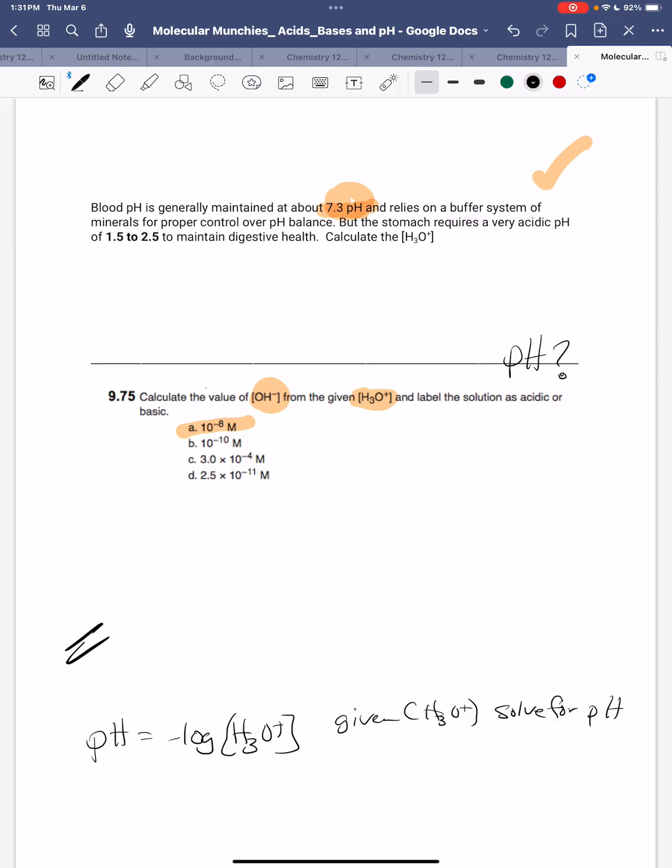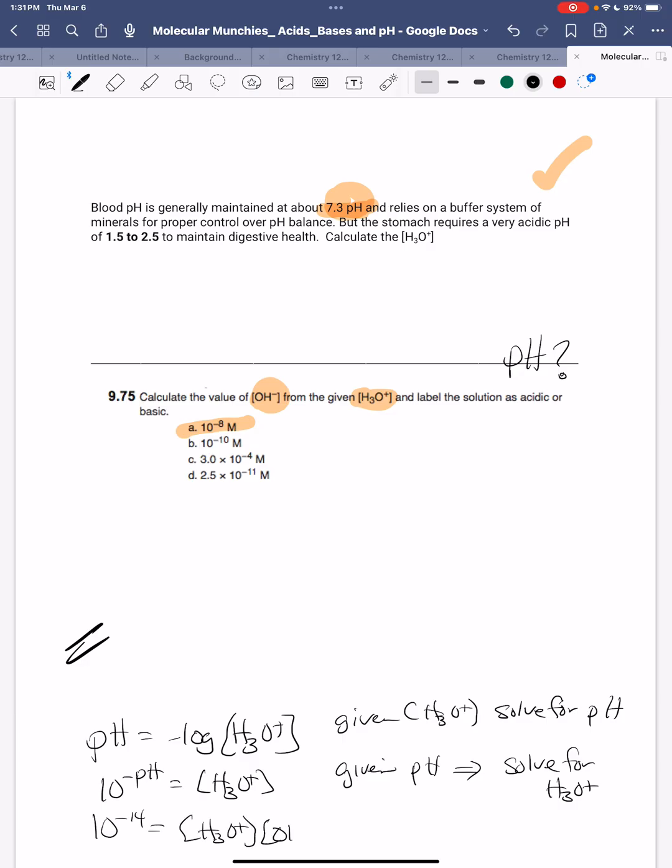Okay, there's 10 to the negative pH is equal to the H3O plus concentration. That one is if you're given the pH, you can solve for the H3O plus. And then the last one is 10 to the negative 14th is equal to H3O plus times OH minus.